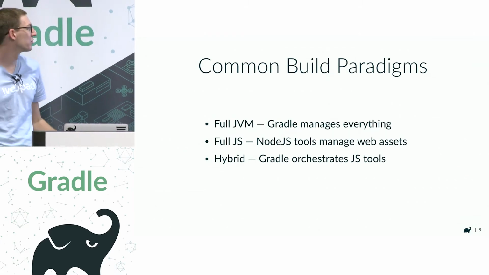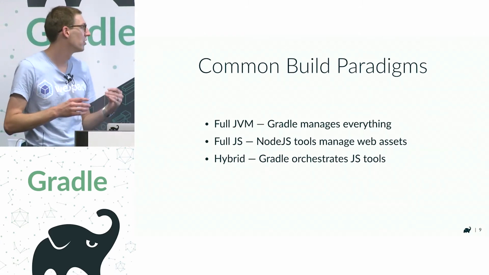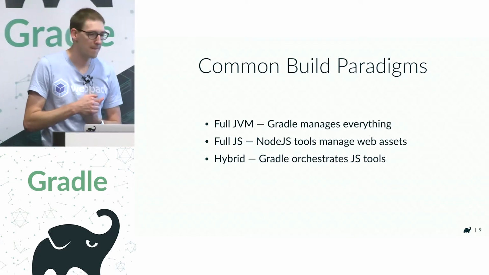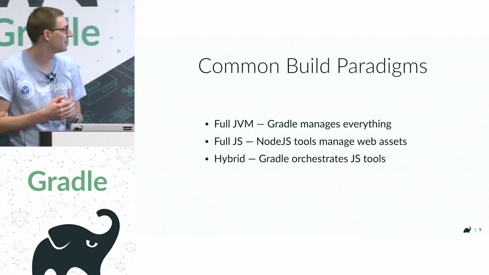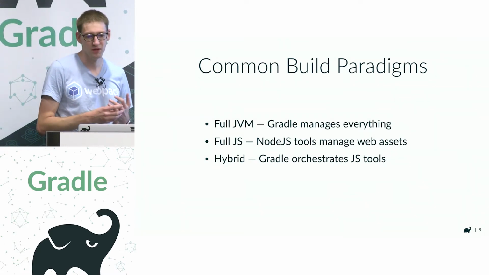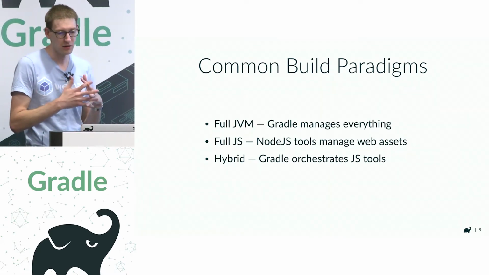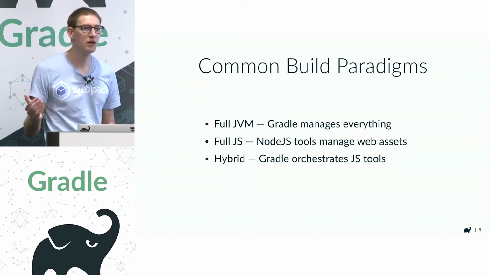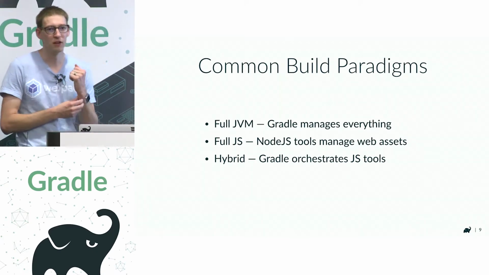I would say there are 3 common build paradigms for managing web assets. You could go full on Java, where JVM tools manage everything. Tools in this arena are like Google Closure Compiler, the YUI tools, and the Gradle JavaScript plugin.